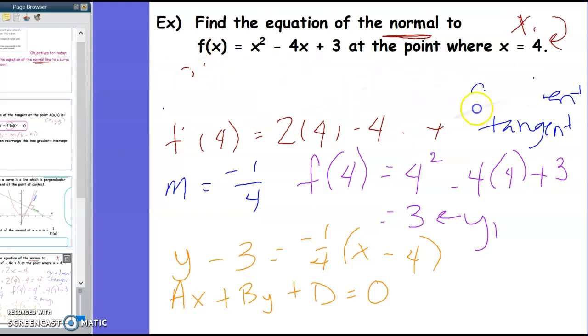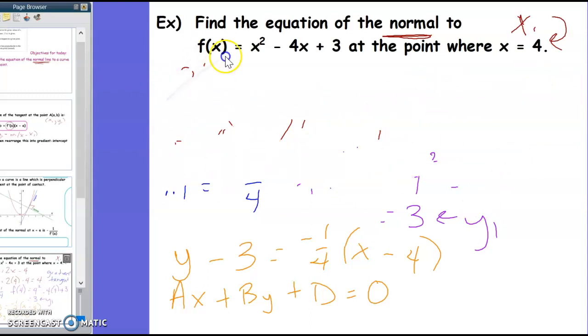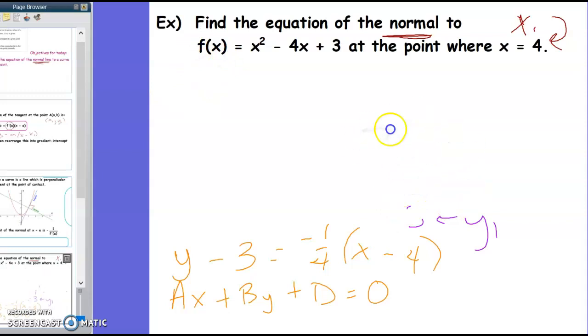All right, so I'm going to erase us some space up here at the top so we can simplify that. Okay, so I am going to distribute that negative 1/4: y minus 3 equals negative 1/4 x, negative 1/4 times negative 4, positive 1.